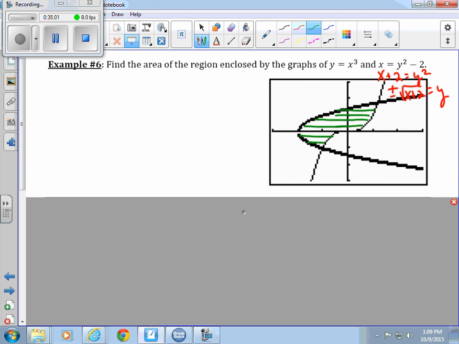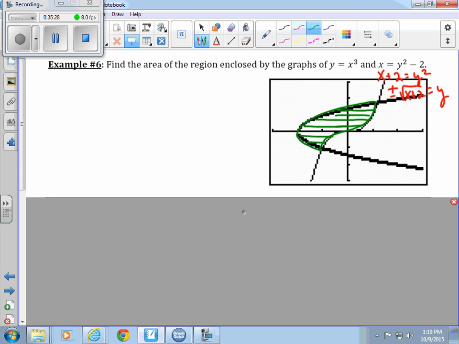Right is positive, left is negative, so we'll keep it going, right? So, if I look at this as a set of curves in y instead of x, is the top curve the same the whole time? The right-hand curve is the same the whole time, right? And then the left-hand curve is the same the whole time.